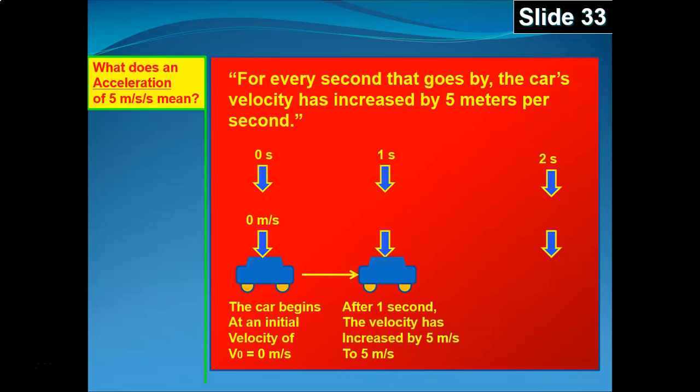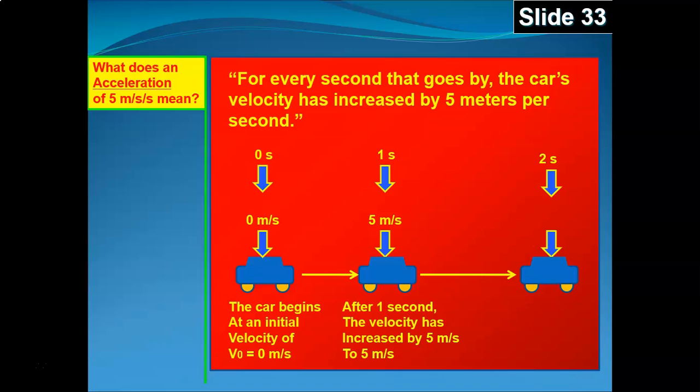Now, after 1 second, the velocity has increased by 5 meters per second. It's going 5 meters per second faster than it was at 0 seconds. So now the car is moving 5 meters per second.